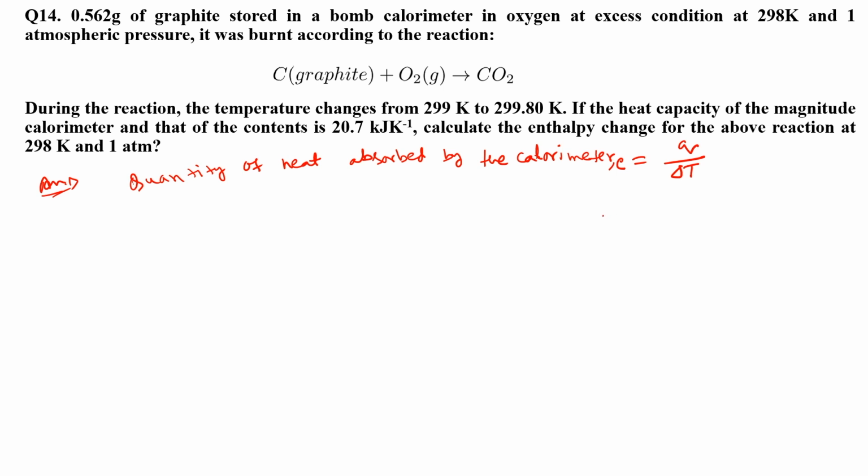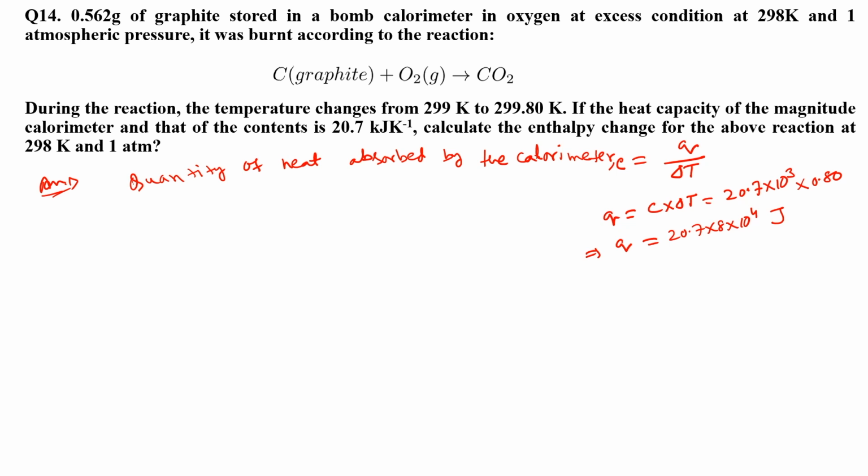So, Q is C times delta T. The value of C is given, C is 20.7 times 10 to the 3 in joule unit, and then delta T value is also given, 0.80. Alright. So, if we multiply this, you get the value of Q. So, value of Q will be 20.7 times 8 times 10 to the 4 joules. This is the value of Q.